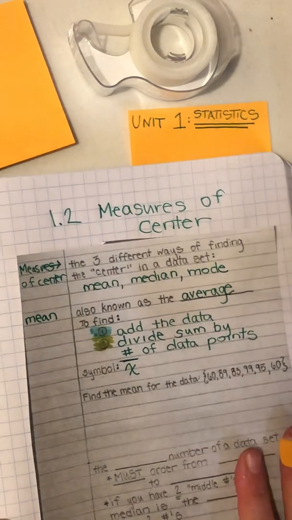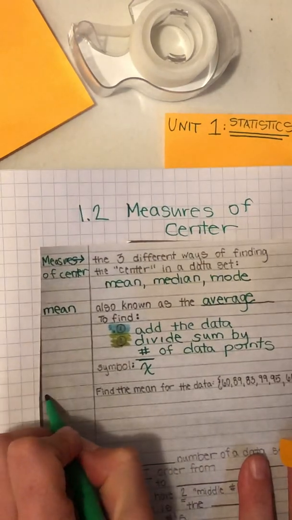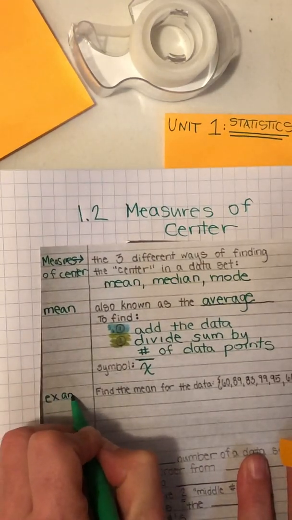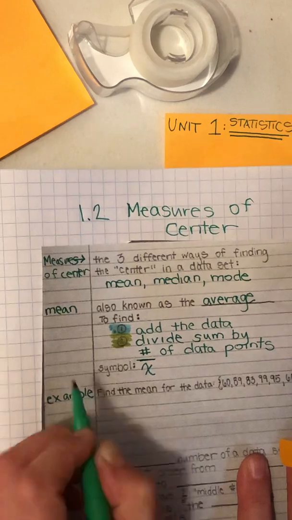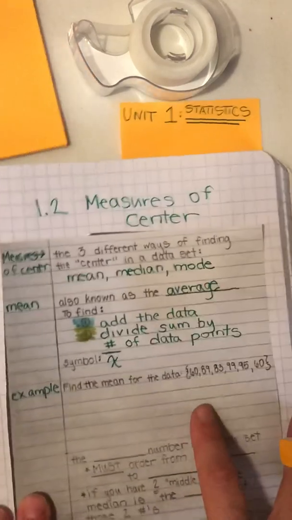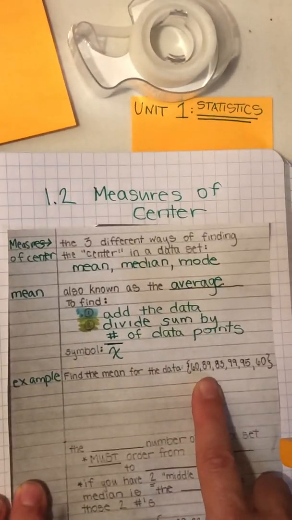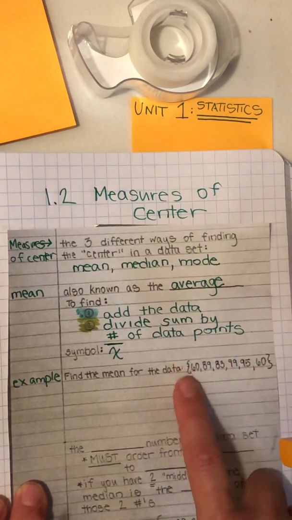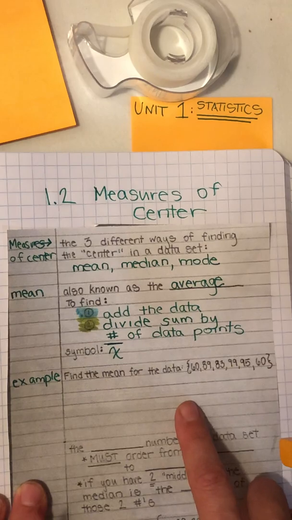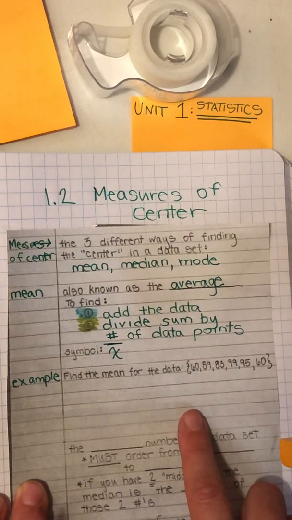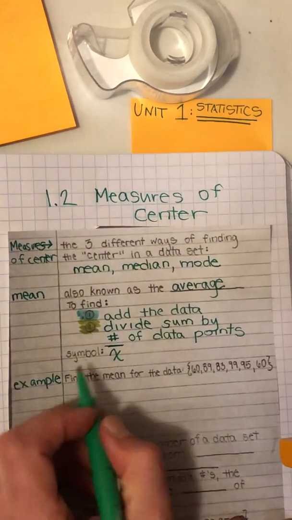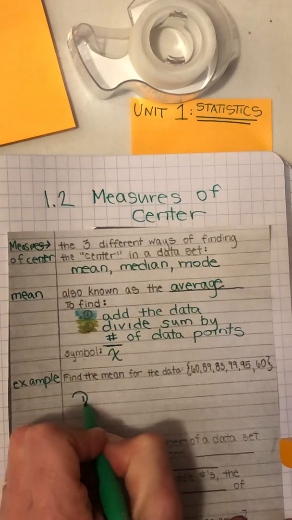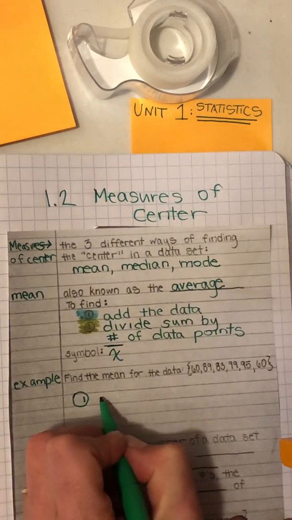Okay. So let's do an example. Find the mean for the following data. So it's 60, 89, 83, 99, 95, and 60. And these brackets kind of signify what a data set looks like. So step 1, we're just adding all of those numbers.